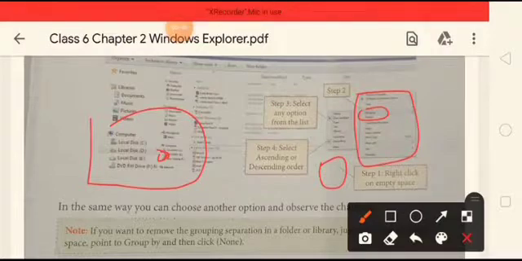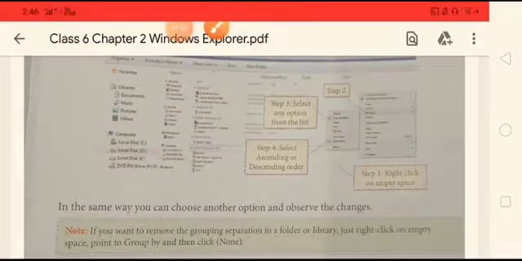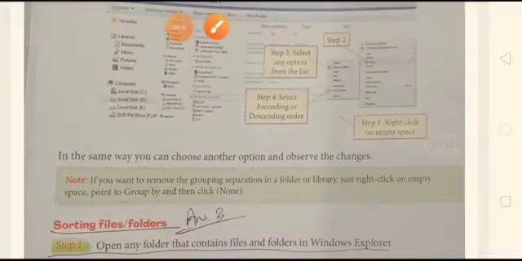After clicking on group by, there is again one list that appears and there are certain options that how you want to group your files and folders like name, date modified, etc. So you have to select one option from this list and then you have to select in ascending or descending order, that how you want that particular file and folders to be grouped. These were the steps that how you can arrange or group your files and folders.